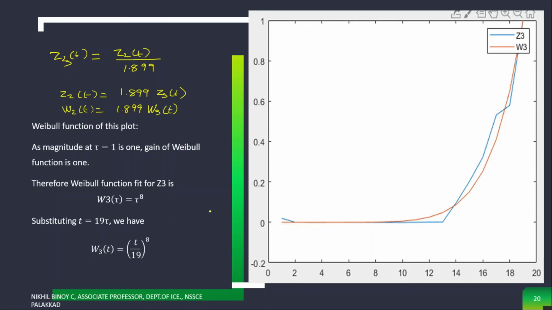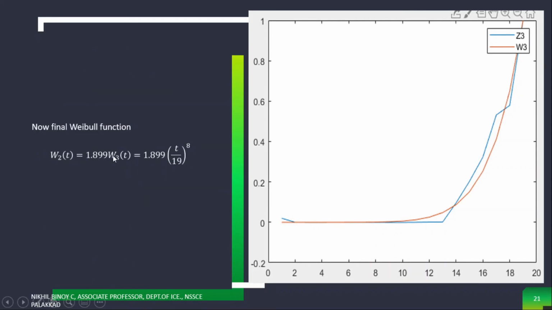Okay. So W2 of t is the variable function representation of Z2 of t. Please note, W2 of t is the variable representation of Z2 of t, that is equal to 1.899 into W3 of t, that is t by 19 all raised to 8. So this one is the correct representation.